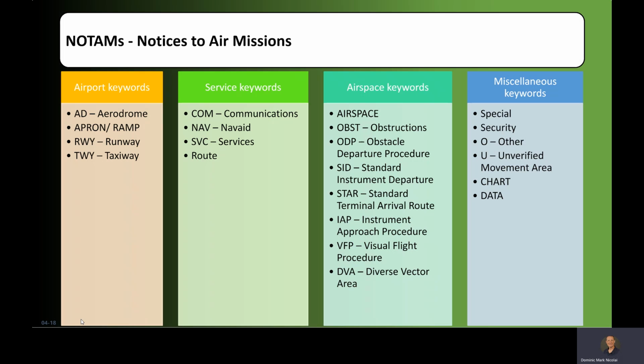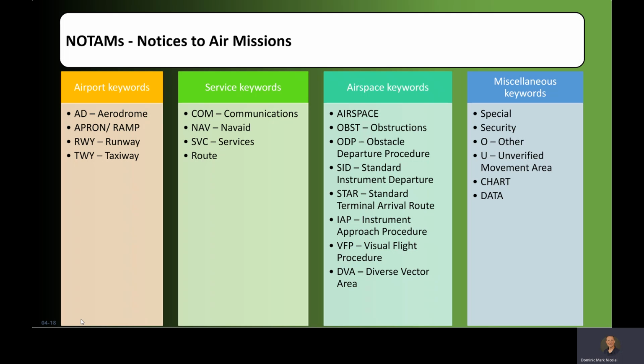A lot of these keywords have an abbreviation to it, so you need to know these abbreviations. They are very simple ones here for you to understand. But these keywords help you identify what this NOTAM is going to be all about.